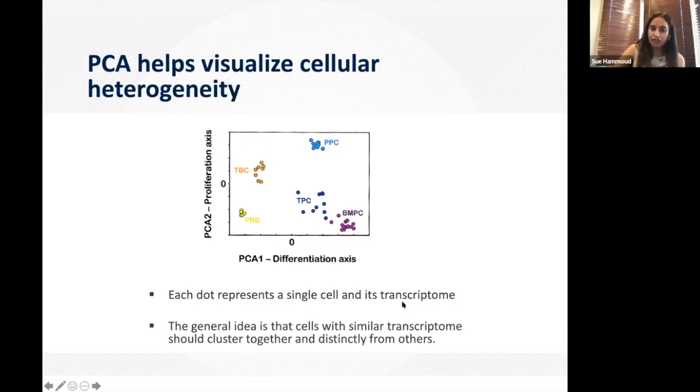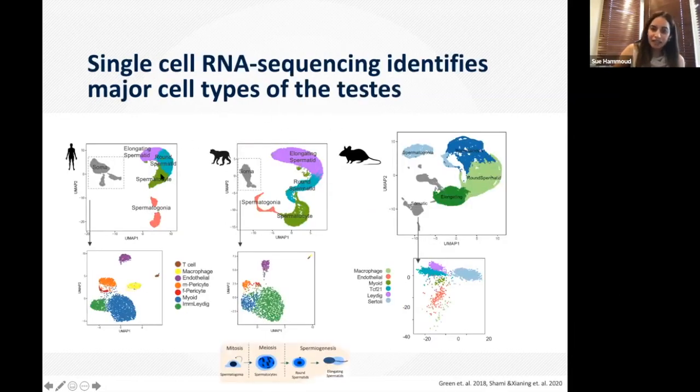When applying this to testes from three different species, human, macaque, and mouse, we initially identified four major germ cell populations, illustrated here. These are spermatogonia, the cells that undergo mitotic divisions. Spermatocytes are the cells undergoing meiosis.